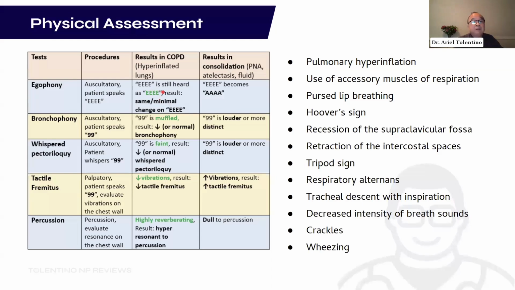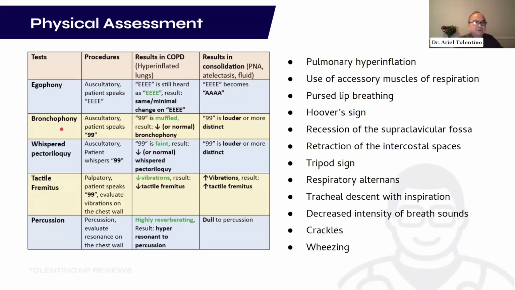Okay. Now, if the lungs have consolidation, meaning to say density of the lung parenchyma, there would be a bleating quality of E. So E will be heard as an A. E becoming an A on auscultation. That means to say that there is consolidation compatible with pneumonia, atelectasis, fluid, and a mass in the lungs.